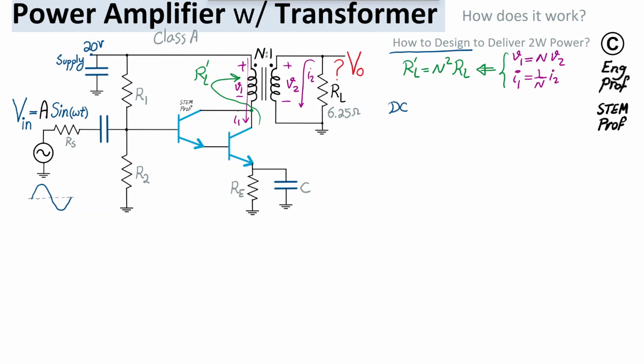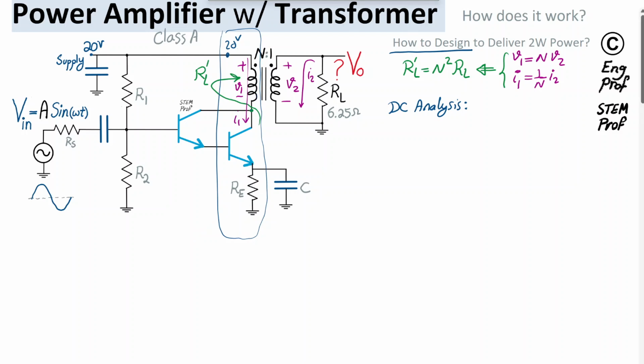So for a quick DC analysis, it's important to notice that we have a 20 volt supply, so that 20 volt is right here. And then we can write a KVL, or Kirchhoff voltage law, which basically says the sum of all voltage drops across this branch should be equal to 20 volt, because on the other side we have ground. What do we have? We have a primary that is an ideal transformer.